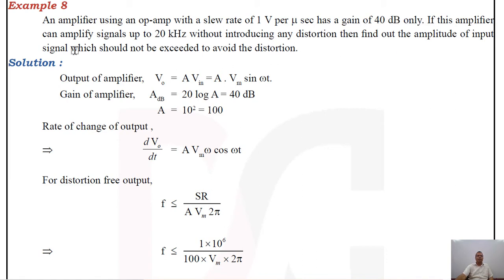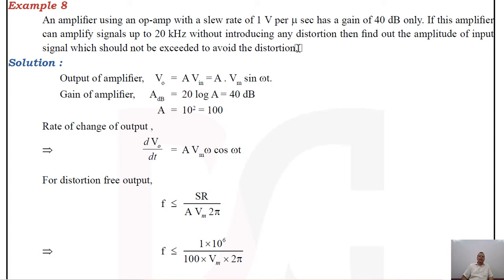If this amplifier can amplify the signal up to 220 kilohertz without introducing any distortion, then find out the amplitude of the input signal which should not be exceeded to avoid the distortion. So we have to find the amplitude of the input signal which should not be exceeded so that there is no distortion at the output.